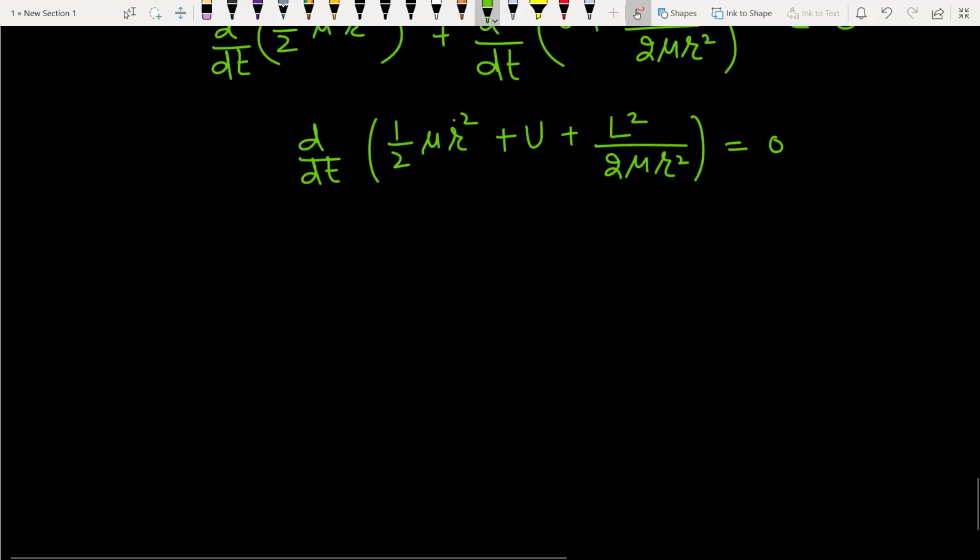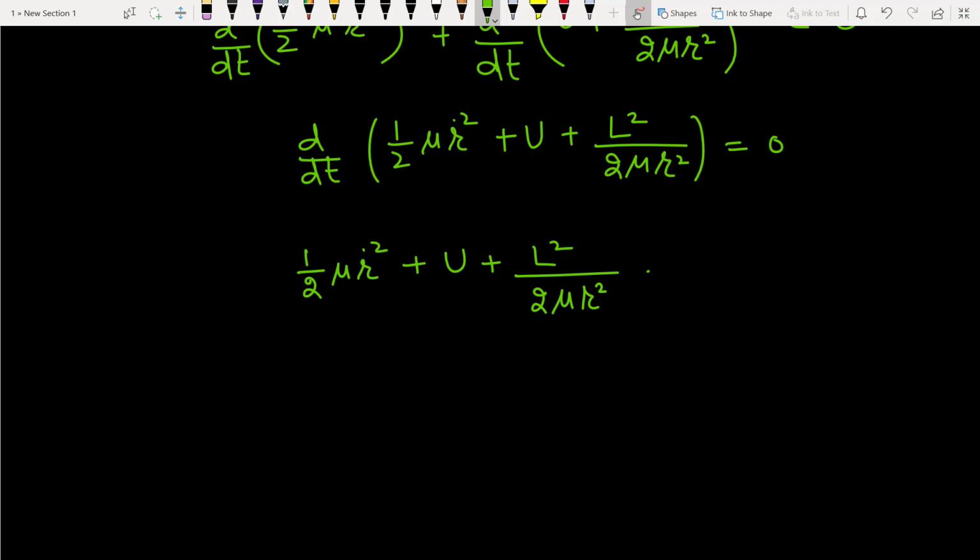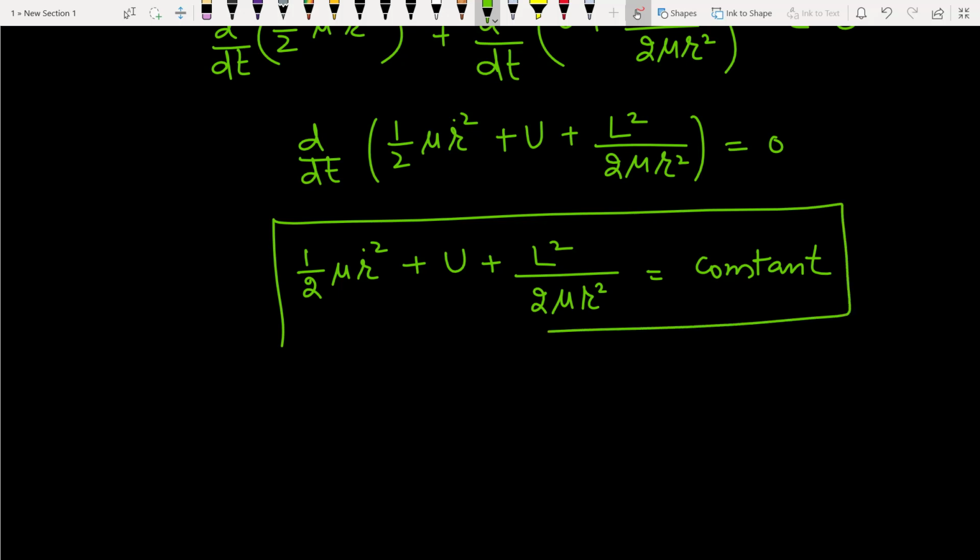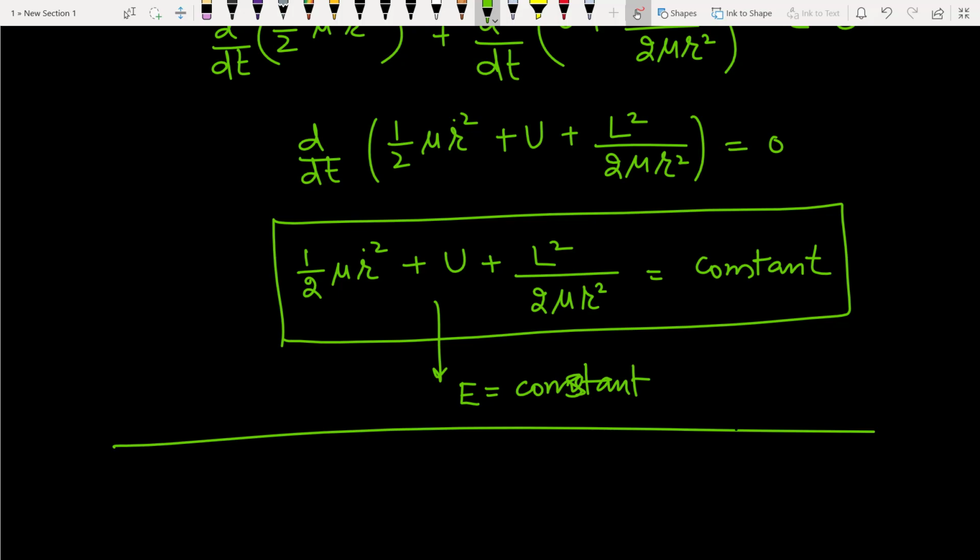The derivative of a quantity is 0, so it means this quantity is constant. And what is this? This is the total energy.